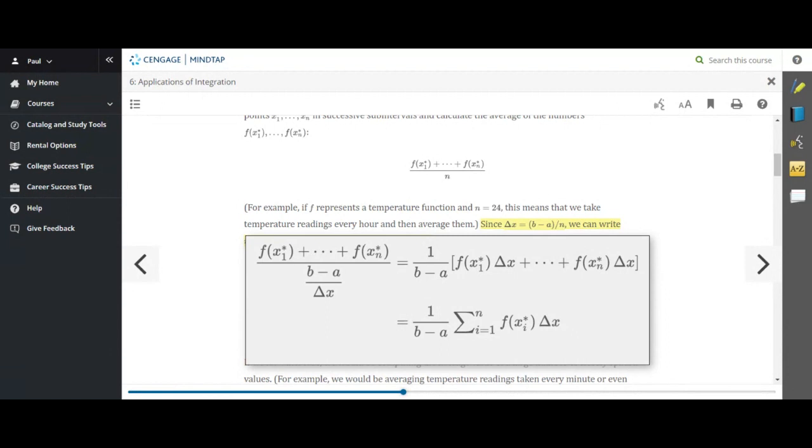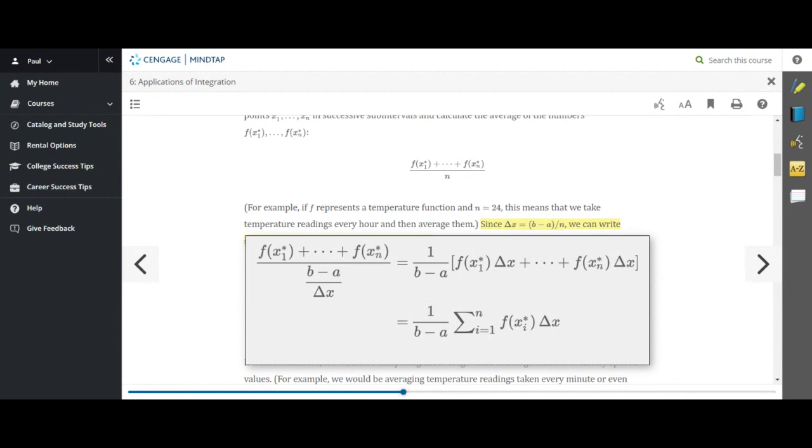Since there are 24 hours in a day and 60 minutes in an hour, that's 1,440 minutes in a day, so n would be 1,440. But you see, we can let n get larger. We could take temperature readings every second, and then every half second. We could let n increase.